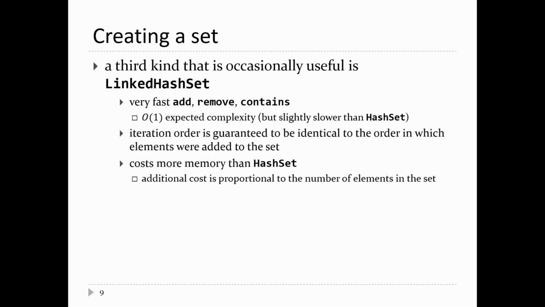It keeps 2 copies of all your elements. It keeps a list so that it remembers the insertion order. Now, obviously, the trade-off is that it's keeping 2 copies of all the elements, so it costs you more memory than just using a plain old hash set.